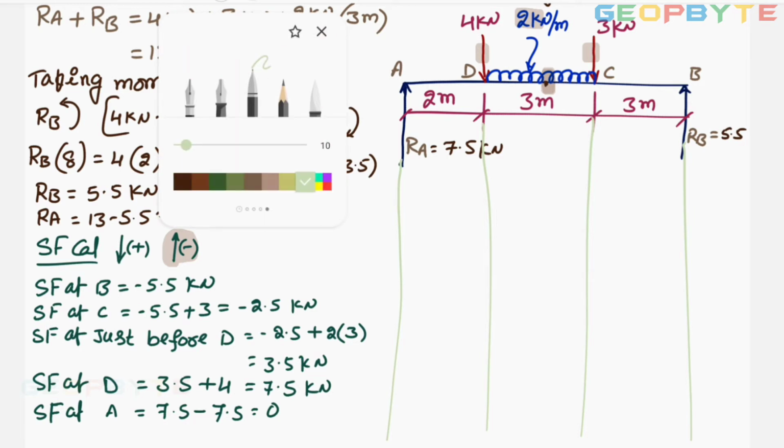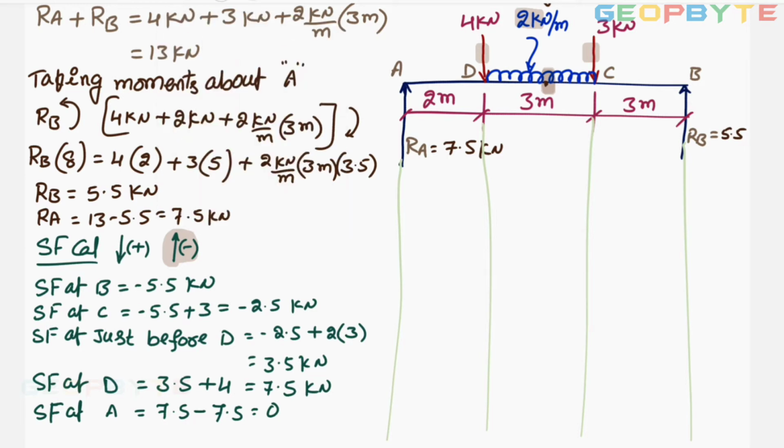This is your reference line, like A, B, C, D. With respect to that line, you take the marking sign representation positive, negative. Means positive value should be taken above the reference line, negative values below the reference line.